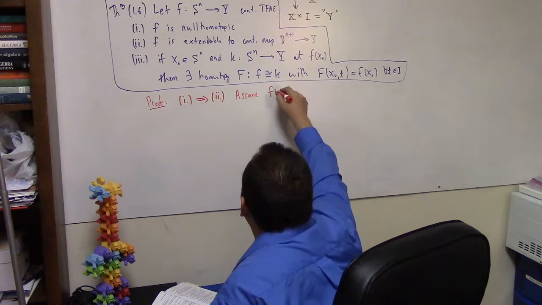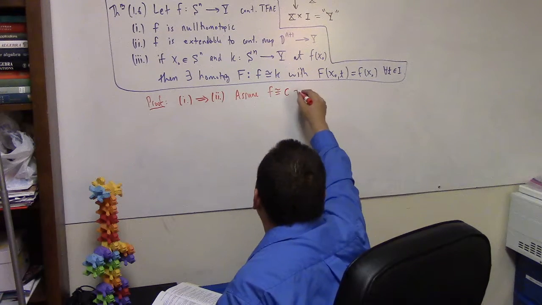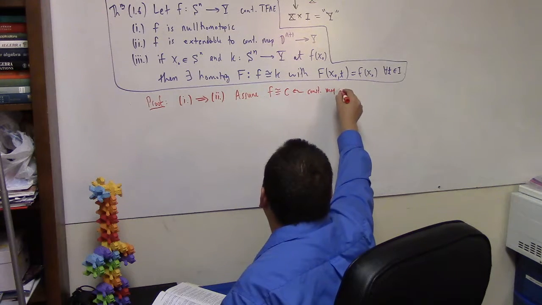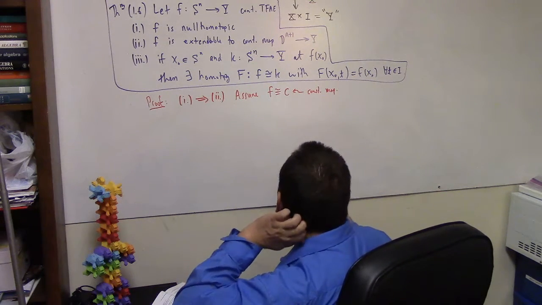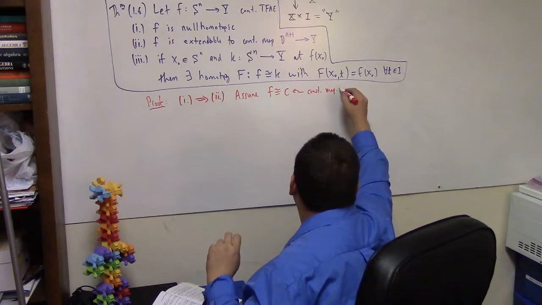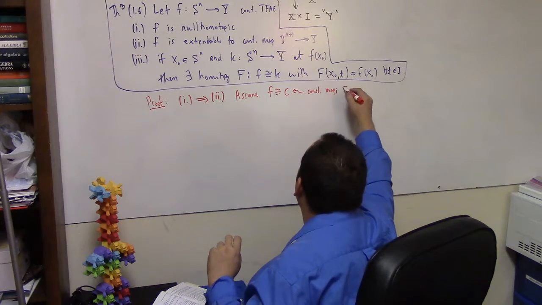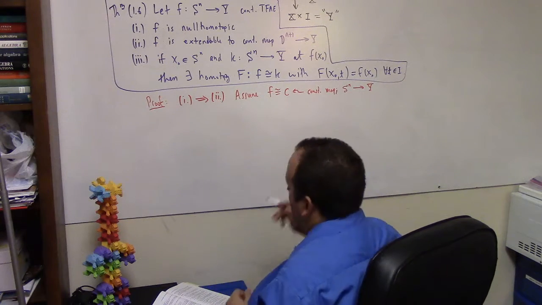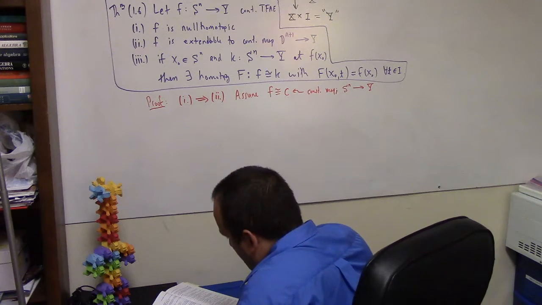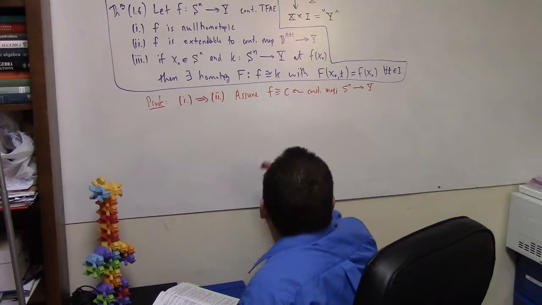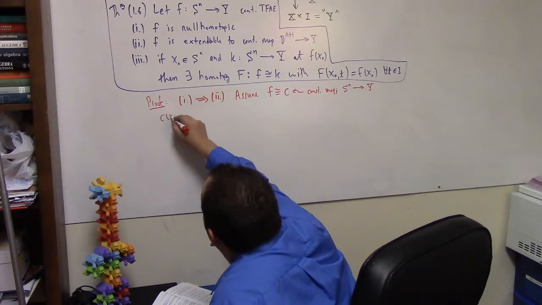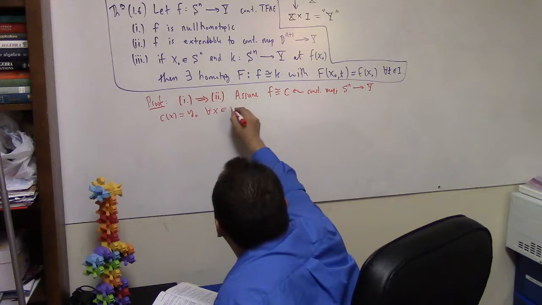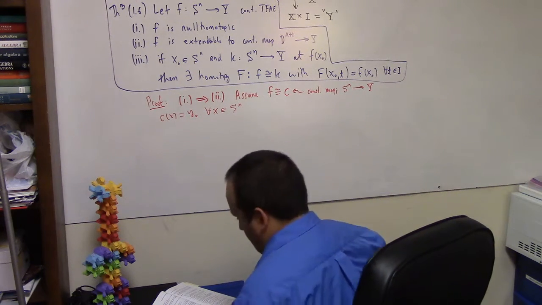So F is homotopic to C, where C is the constant map, right? Constant map from where to where? Sn to Y. Sn to Y, right. And in particular, we'll let C of x equal to y naught for all x in Sn, just to be precise.